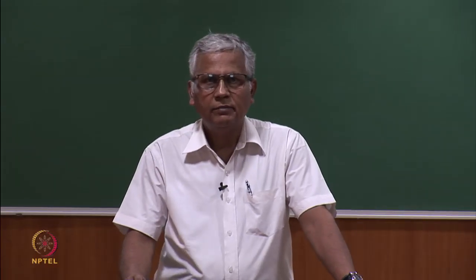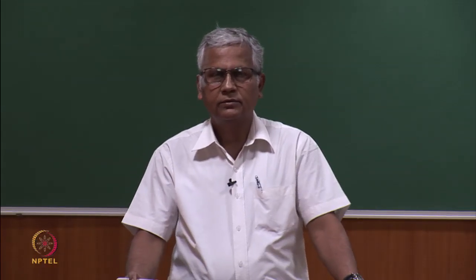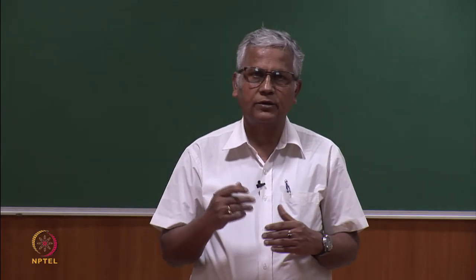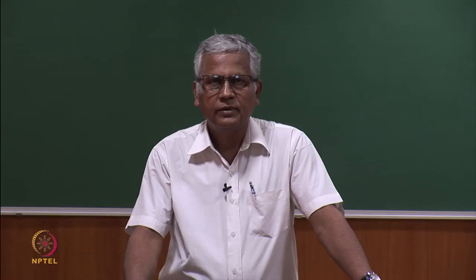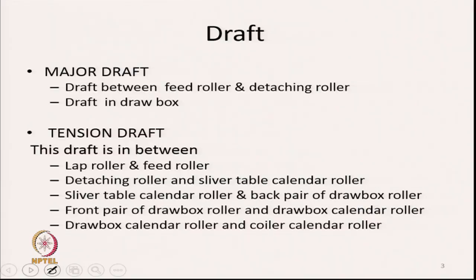The mechanical drafts can again be classified into two: major drafts and the tension drafts. The major draft is basically the draft between feed roller and the detaching roller, and the draft that we keep in the draw box, that is where the slivers are actually stretched and combined together on the draw box of the combing machine.